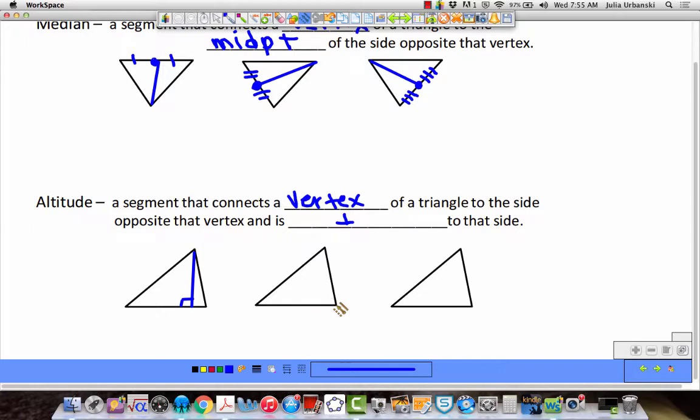What it does is it goes straight to the other side at a right angle. And if it helps you to flip your paper around to see where that right angle is, that's fine. The drawings don't have to be perfect, but the mark has to be there that it's a right angle. Alright, and I haven't done this one yet. The altitude could go this way. There could be times where the altitude is outside of the triangle if it's an obtuse triangle too.